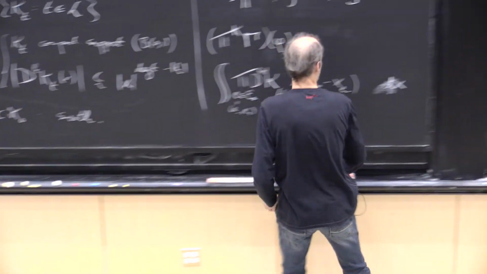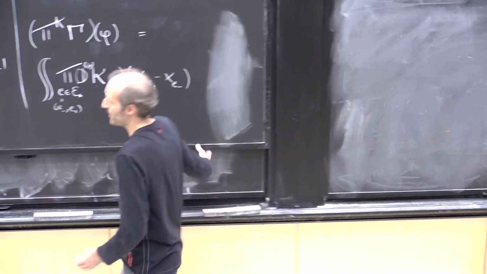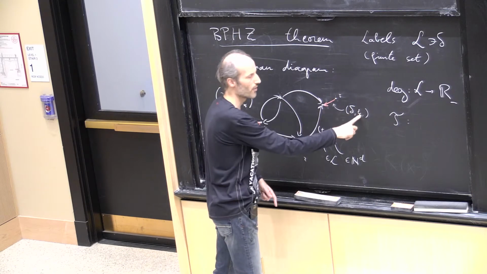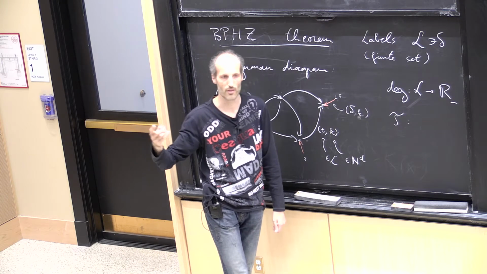And then you integrate the whole thing against your test function. But then again, here on all of these legs, you also have these labels, and they tell you how often you actually differentiate the test function.